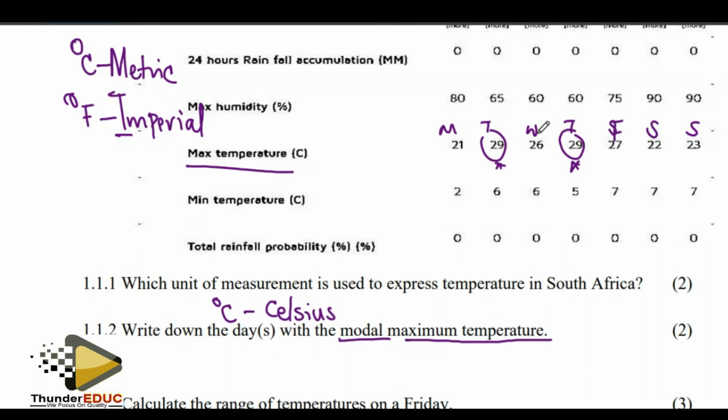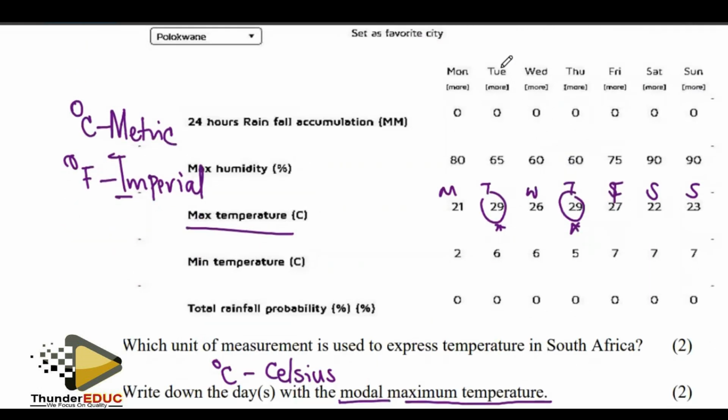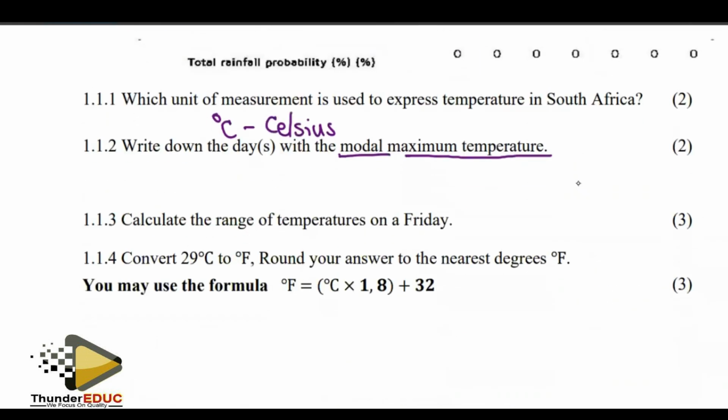So it's Tuesday and Thursday, the 2 days that we have a modal number, according to this chart here.